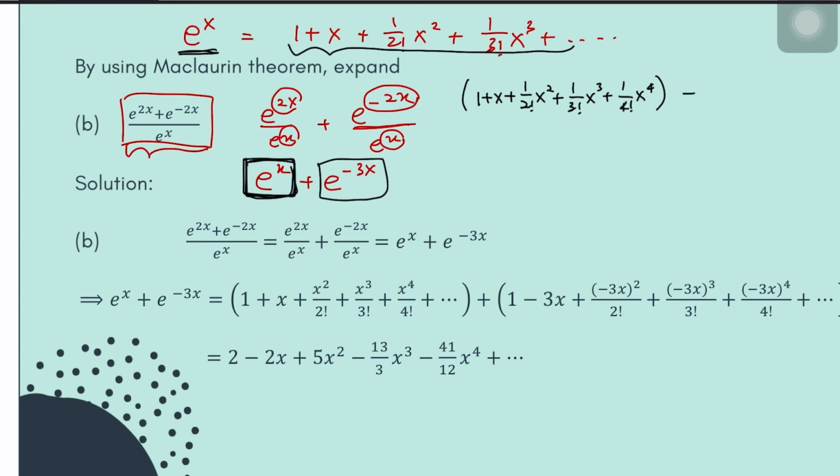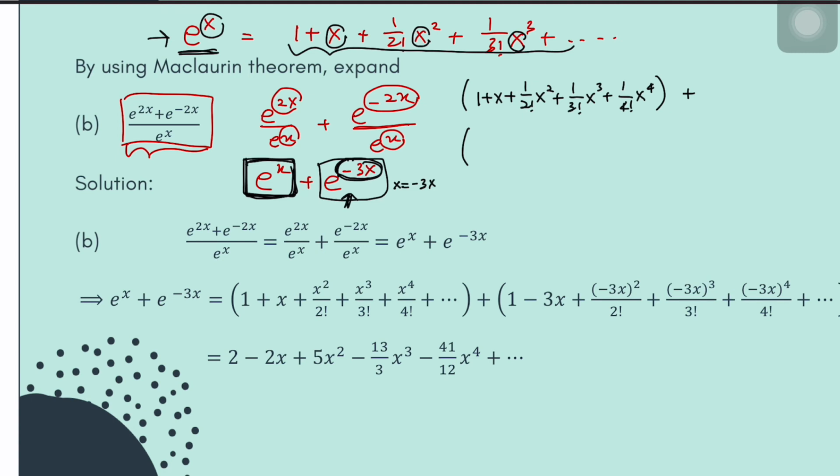Then you add the second one. Now the second one, if you look, is not the same as this one. So x here is actually negative 3x. Let's note it: x is equal to negative 3x. So to get the expansion for the second function, all the x in this expansion you have to change to negative 3x.